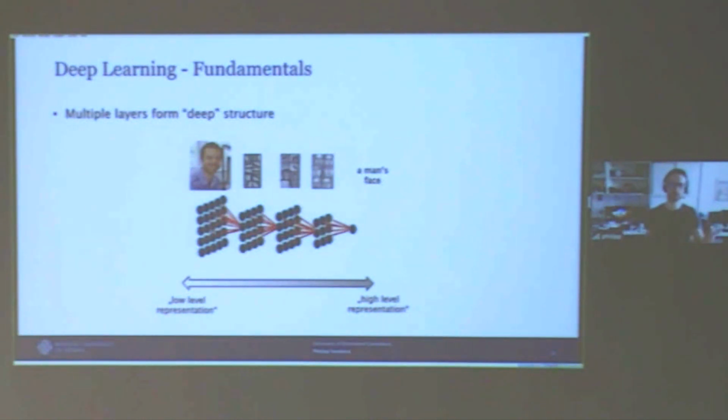So in this example, you can think of the faces as input. In the first layer, you detect the edges. In the second layer, you combine these edges to eyes, noses, and the mouth. Then in the subsequent layer, you again combine these features into face types. And then in the last layer, you're able to detect a specific face.